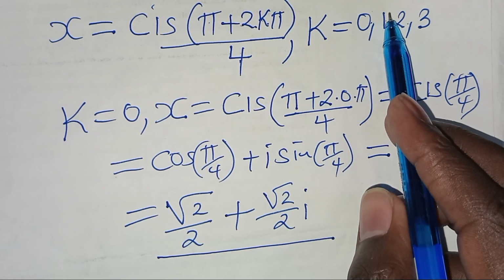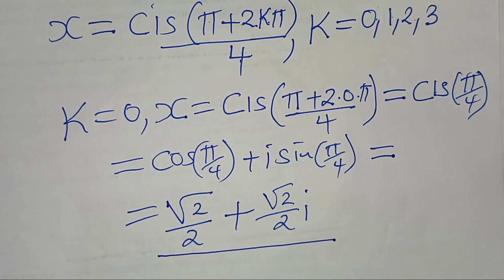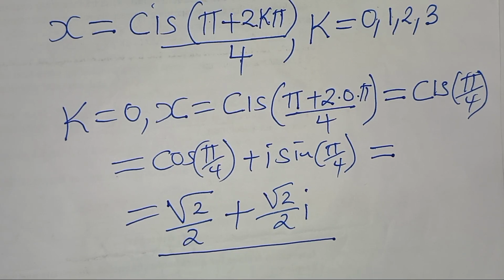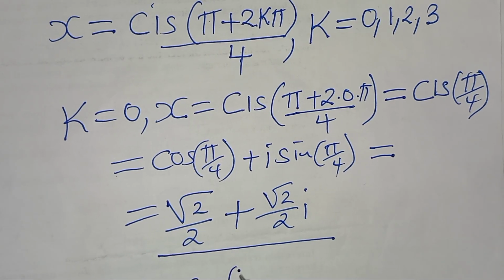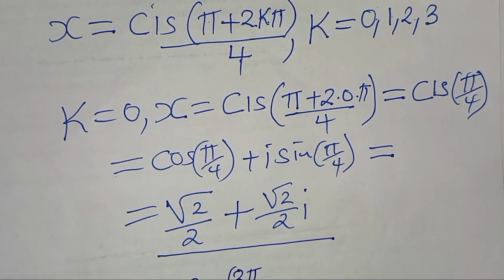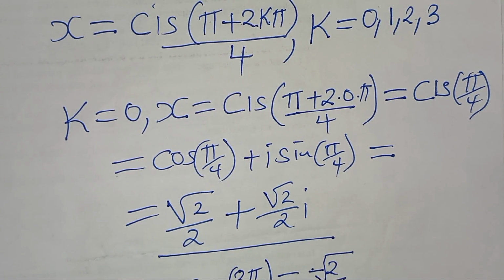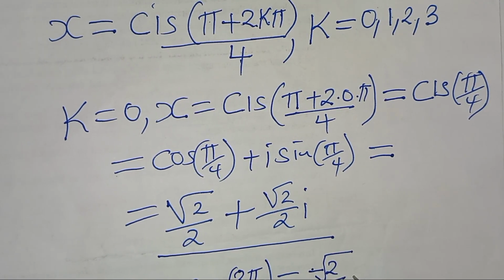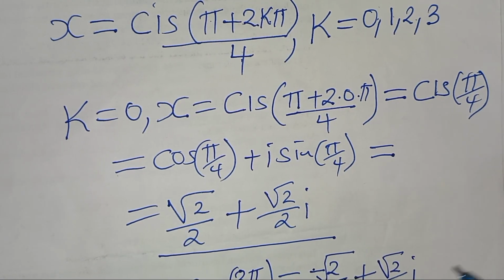Now given that k is equal to 1, then cosine plus i sine of 3 pi divided by 4 is equal to negative square root of 2 divided by 2 plus square root of 2 divided by 2 i.